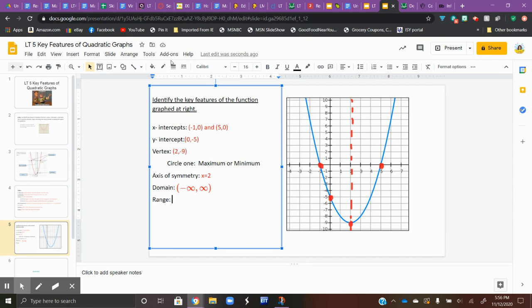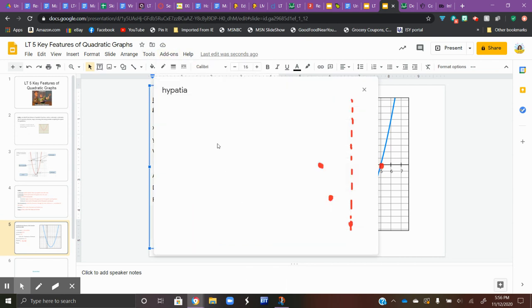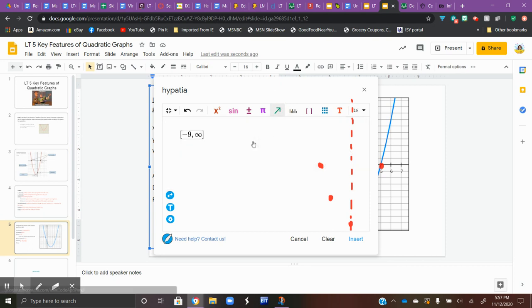So I'm going to write my range as this. And we're going to use a bracket this time, and the bracket is because it includes the -9. So -9, that's the lowest point, all the way up to infinity. Infinities have to be in parentheses because you can never actually touch infinity.